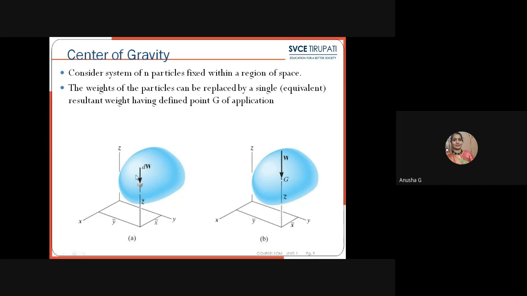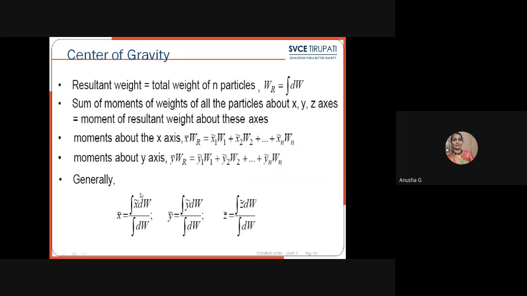Here we are considering one plane and taking one element with a weight of dW. The weight will act towards the downward direction. Then we have to consider the x-axis and y-axis, meaning whatever load we have applied with respect to the angle has to be considered here as the center of gravity.